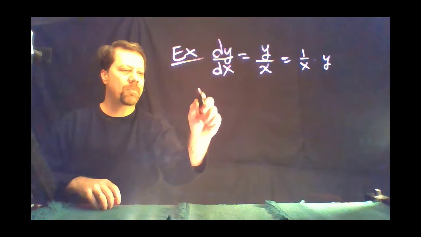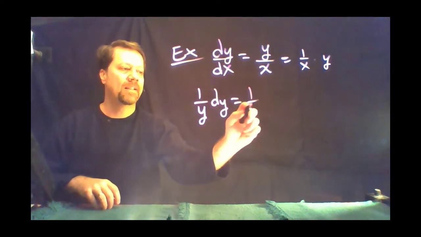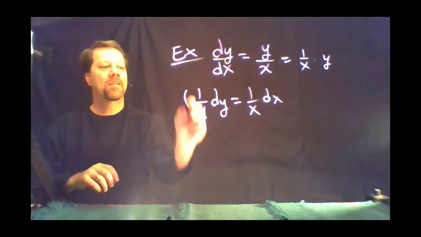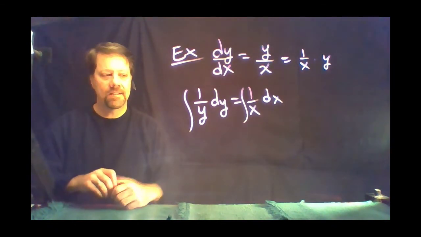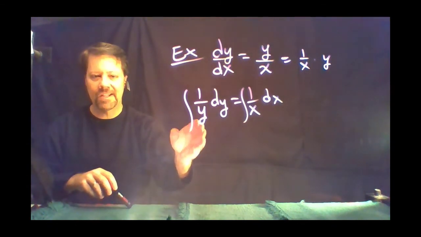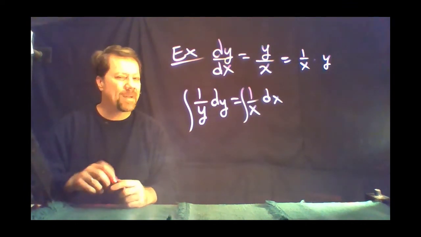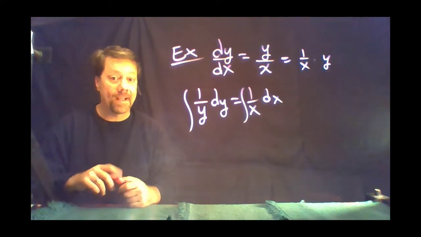We can separate the variables by rewriting this as 1 over y dy equals 1 over x dx. Just based on this form alone, since everything on the left is arranged in exactly the same way as everything on the right except for a different variable, you might guess that the solution is something on the order of y equals x.